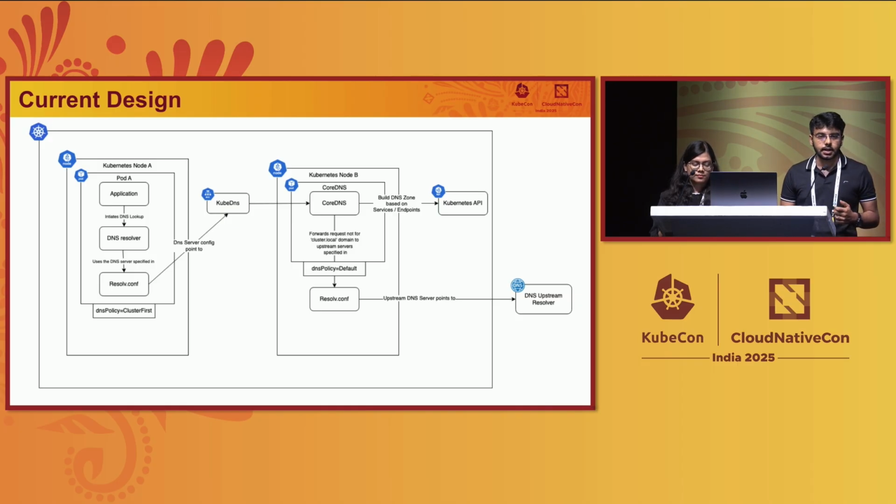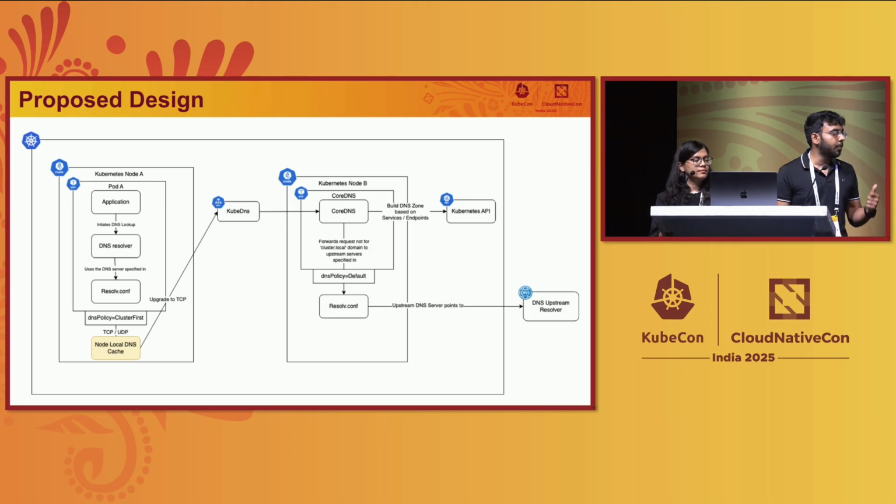And kubeDNS cluster IP, once it receives this request, it gets mapped to a replica of CoreDNS. And CoreDNS checks whether the endpoint in the request is either an internal or an external endpoint. If it's an internal endpoint, it sends this DNS request to Kube API server. And also, CoreDNS being configured with the DNS policy of default, if it's an external endpoint, it forwards this request to upstream DNS resolver.